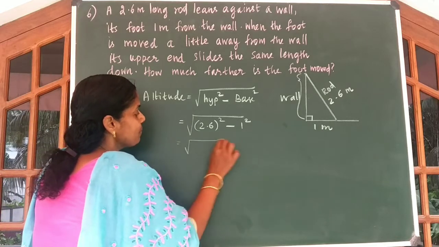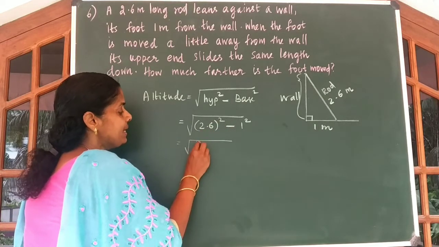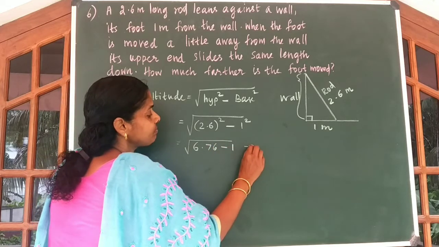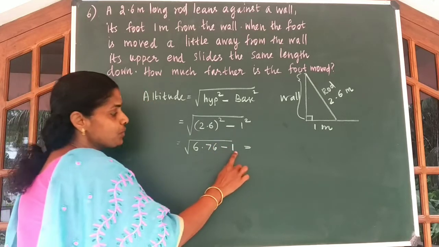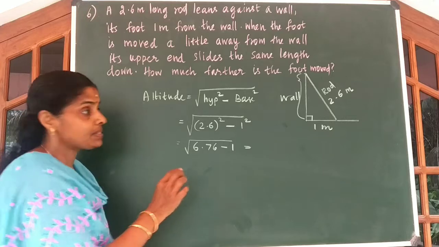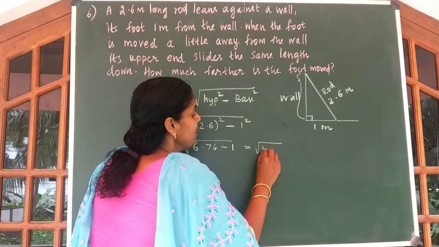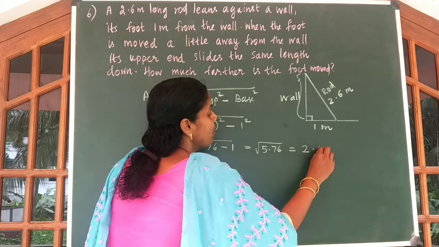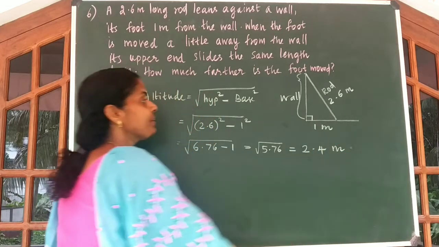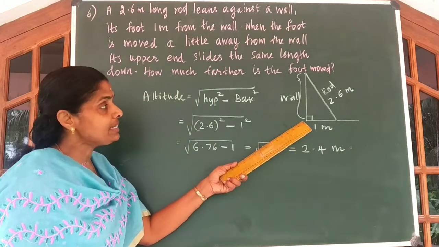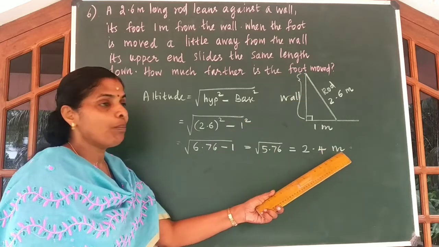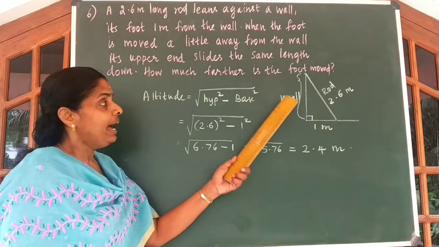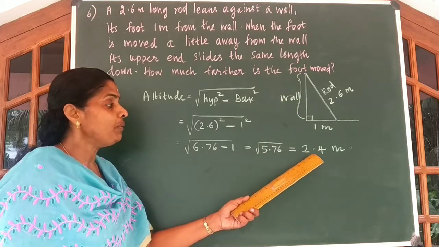This is equal to root of 2.6 square is 6.76 minus 1. If you subtract 1 from 6.76, you get root of 5.76, which is nothing but 2.4 meter. So we got height to be equal to 2.4 meter. Is it clear? 2.6, 1, and now this height is equal to 2.4 meter.